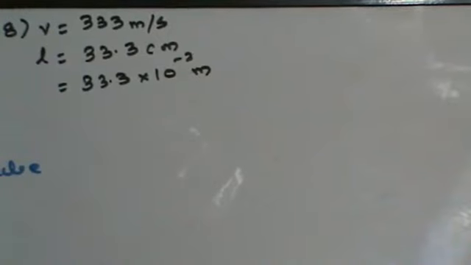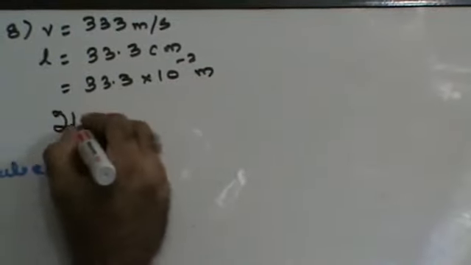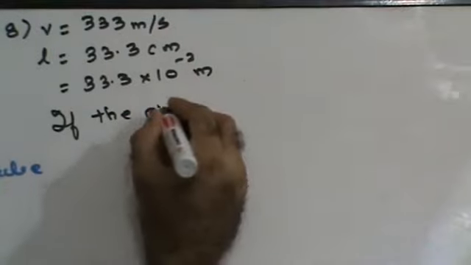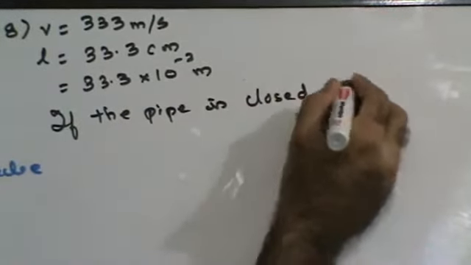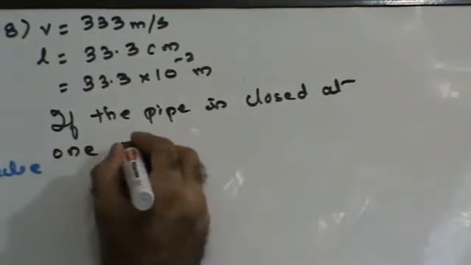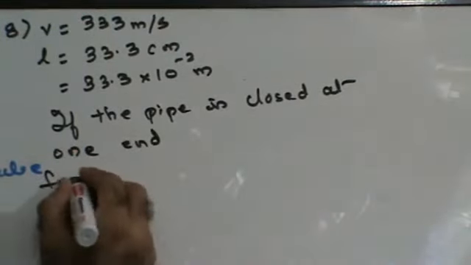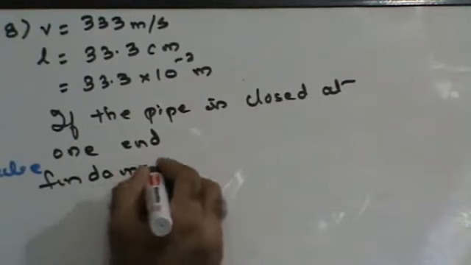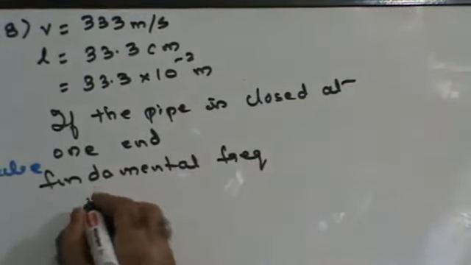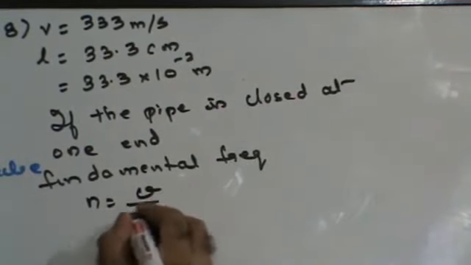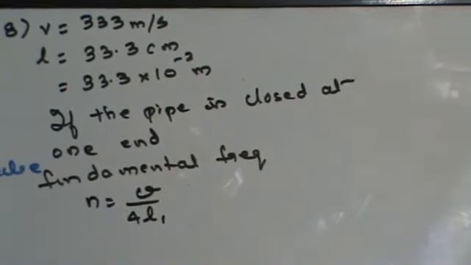Now first let's consider that the pipe is closed at one end. If the pipe is closed at one end, the fundamental frequency N is nothing but V upon 4L, where L will be the length of the vibrating column.